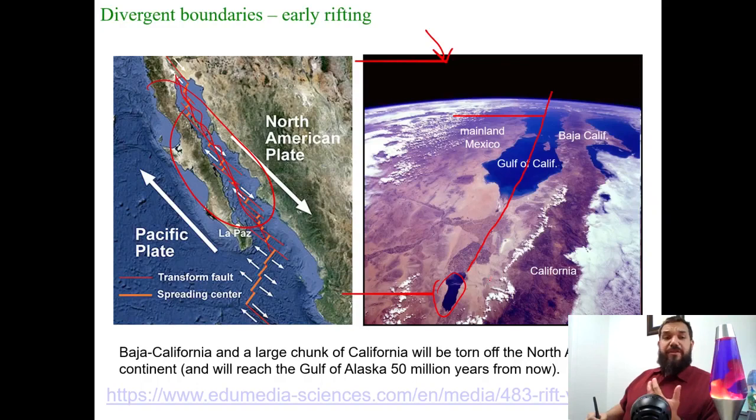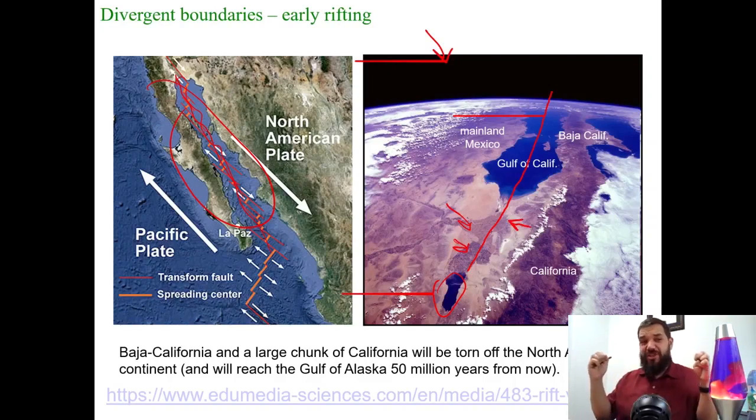Why is there a sea there? That is the beginning of the ocean starting to flood inland because there's a valley here. It's dropping down, it's thinning out, it's pulling apart, and as the taffy stretches, it thins out and drops down, and you get a valley, and it starts filling up with water.